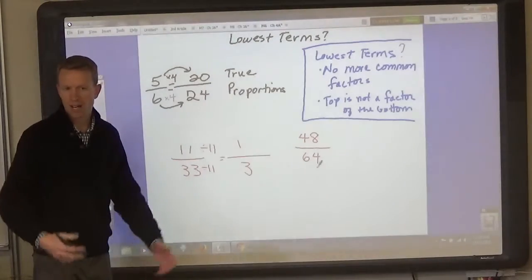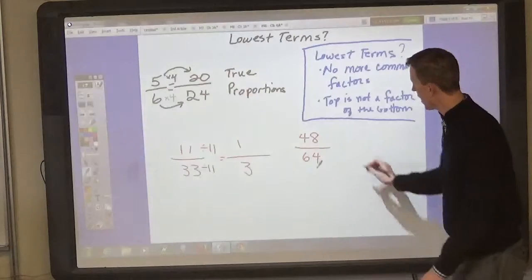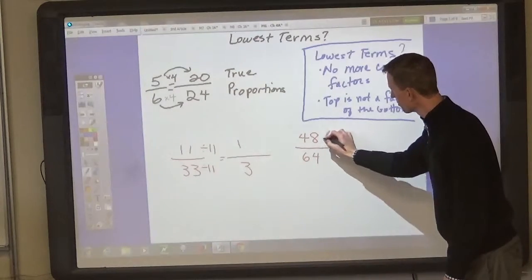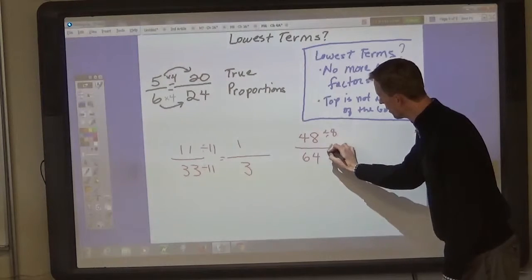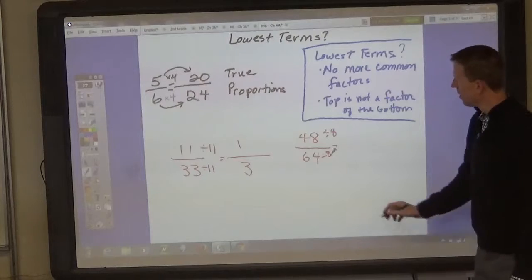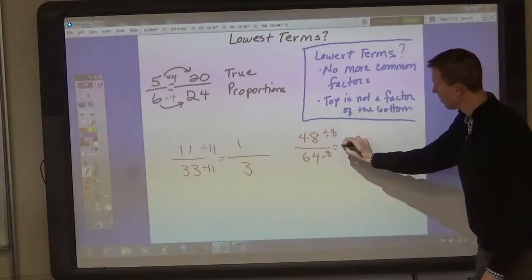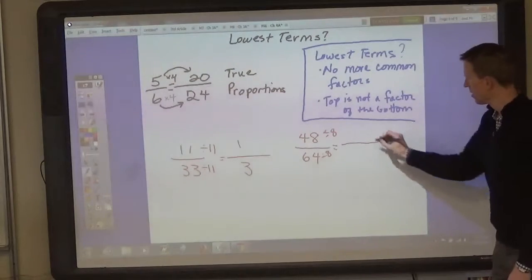How about this? What can we divide by? 8? Yes. Let's divide by 8, because 8 goes into both 48 and 64, right? How many times does 8 go into 48? 6 times.